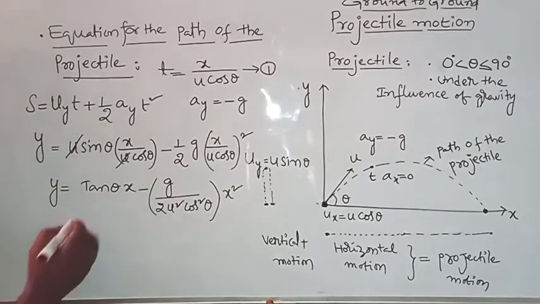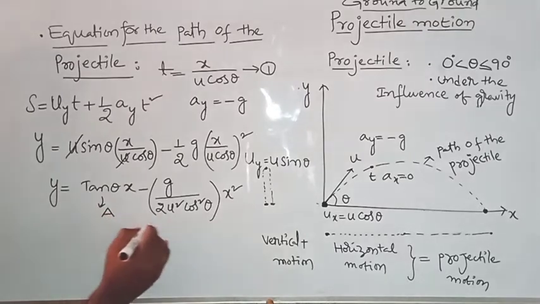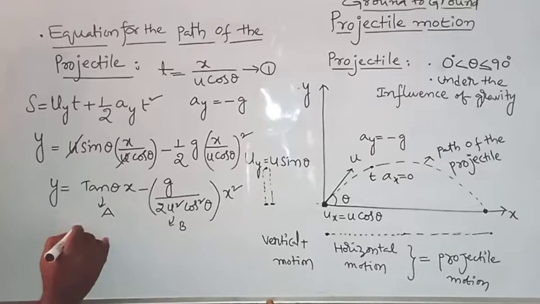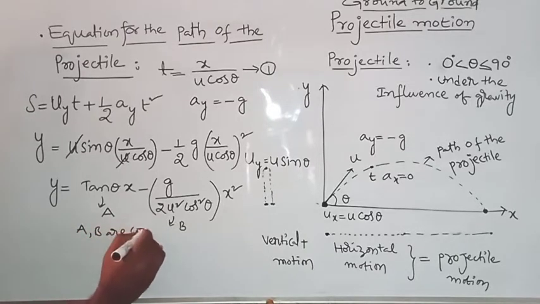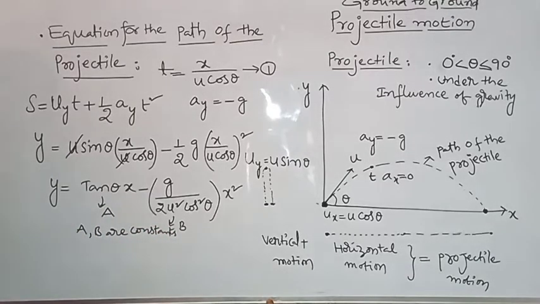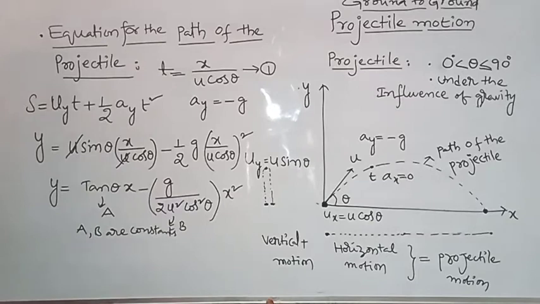Now let us take this term as A, capital A, and this term as B. A and B are constants, because theta, the angle of projection, is constant, that's why tan theta value is constant. Here the angle of projection, g and u value are constant, that's why this total term will be constant.